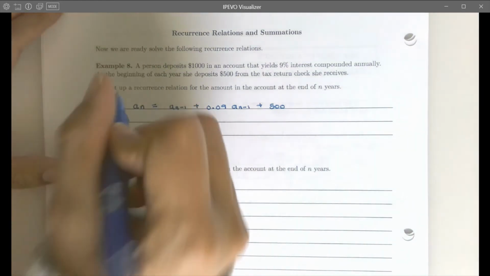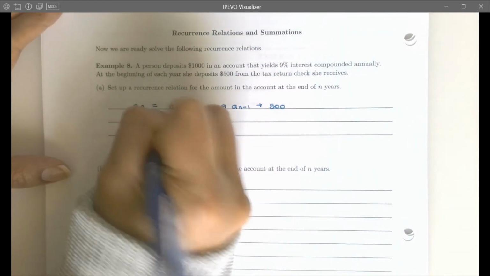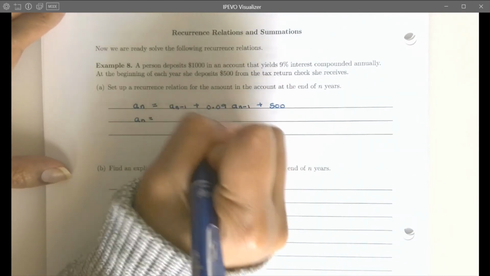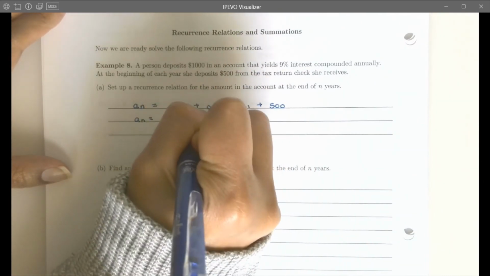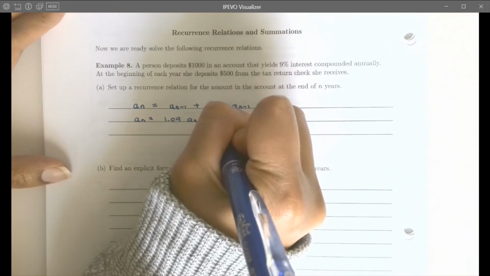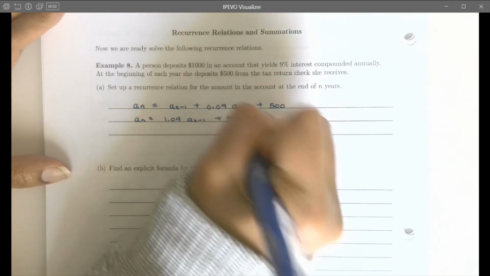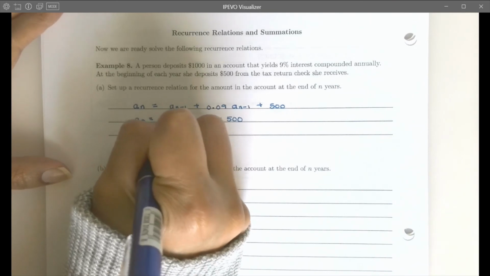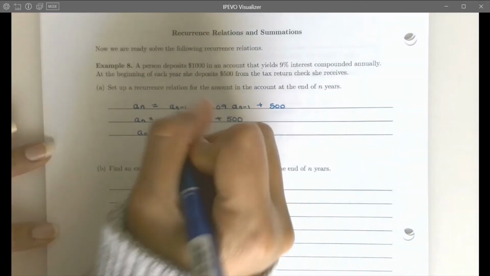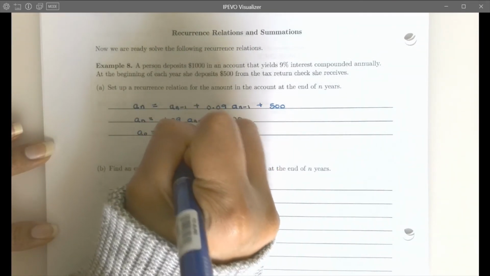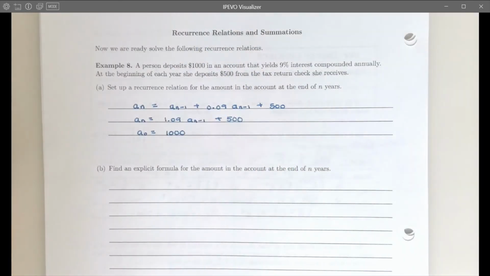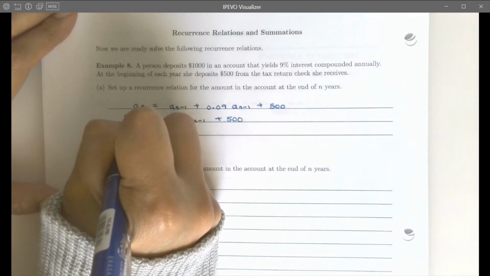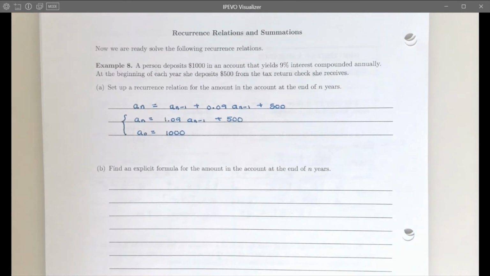Writing this more compactly and combining like terms, we get 1.09 times A sub n minus 1 plus 500. That's the recursive step. The initial value, A0, is how much money was initially deposited, at year 0 at the beginning, and that is $1,000. So together, these two make up our recurrence relation.